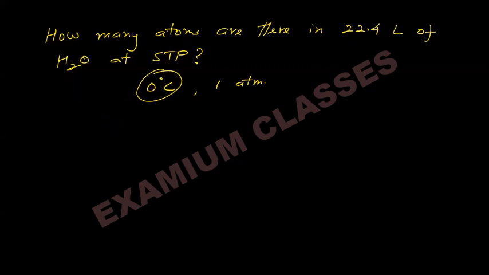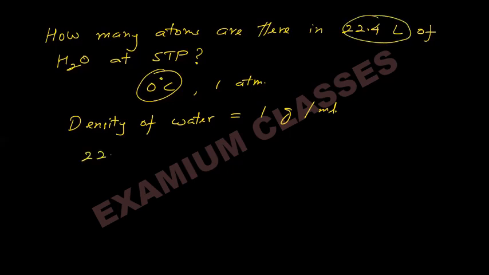Then you know that density of water is what? It is 1 gram per ml. You know that, yeah? 1 liter of water is equal to 1 kilogram, or density of water is 1 gram per ml. So 22.4 liter of H2O will be equal to 22.4 kilograms.